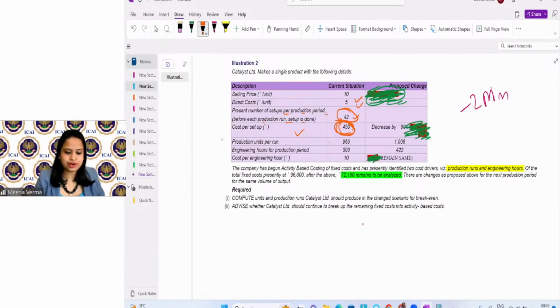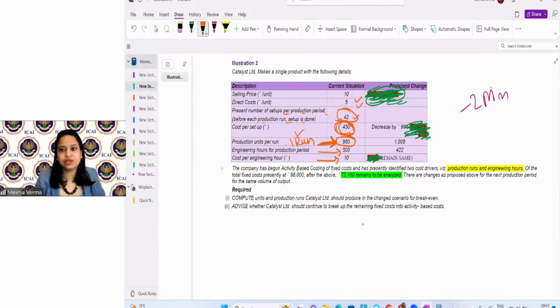Production units per run, production units in one run. The number of units which we are producing here is 960. All right, then engineering hours for the production period is 500. Then cost per engineering hour is 10. Then what is the question?